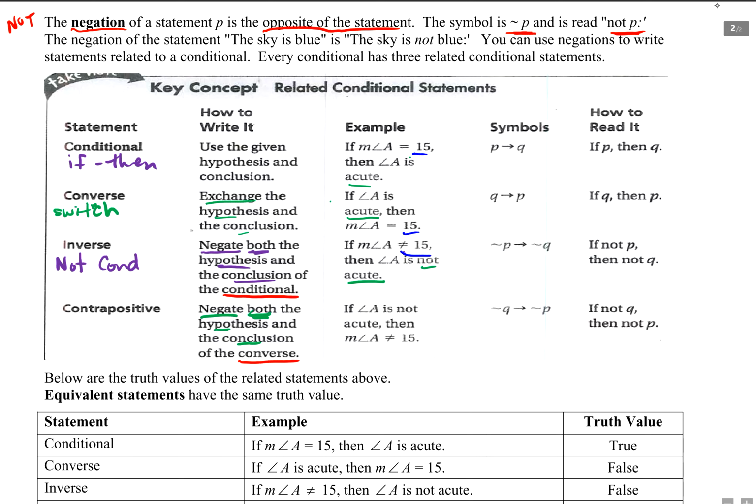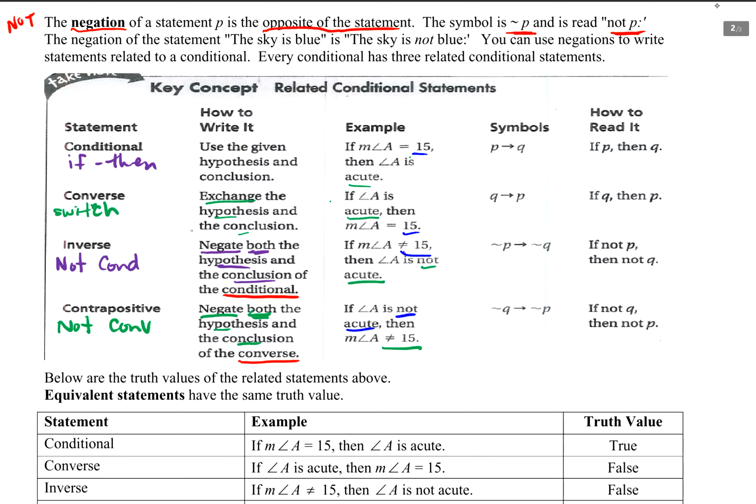So we negate our converse. This one is not the converse. So we have to have our hypothesis and conclusion switched and then negate that. So if we look here, we have: if angle A is not acute, then it does not measure 15 degrees.